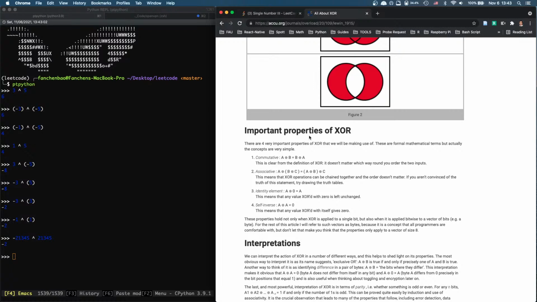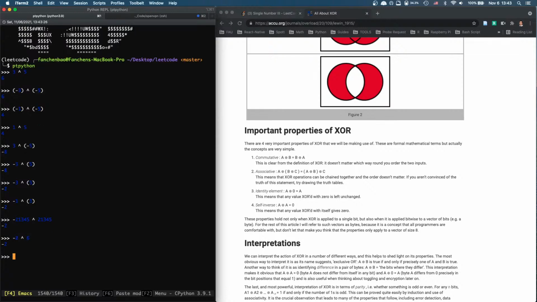I mean, we have 3 exclusive or 5, which is 6, and then minus 3 exclusive or 5 is minus 8. If we exclusive or 6 and minus 8, I think this will give us minus 2, because that's A against A. This is 6, this is 8, and 8 minus A would be minus 2.